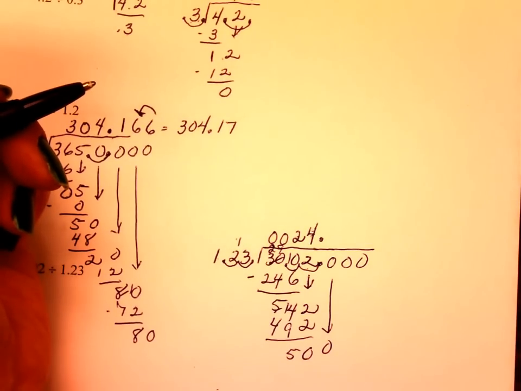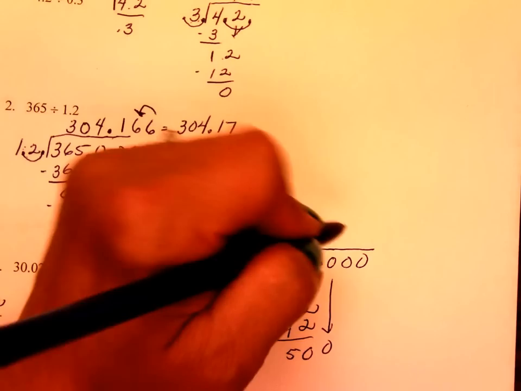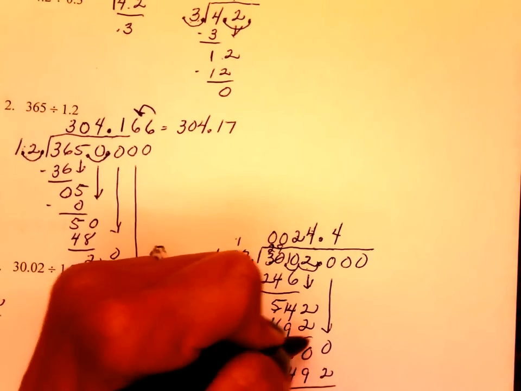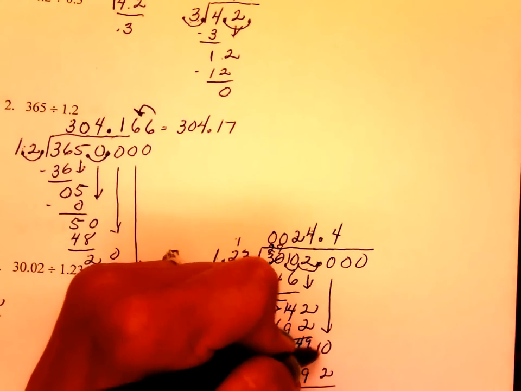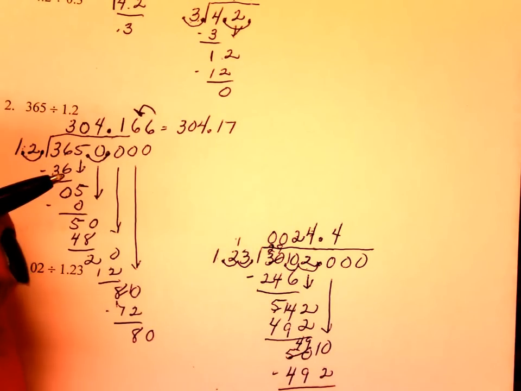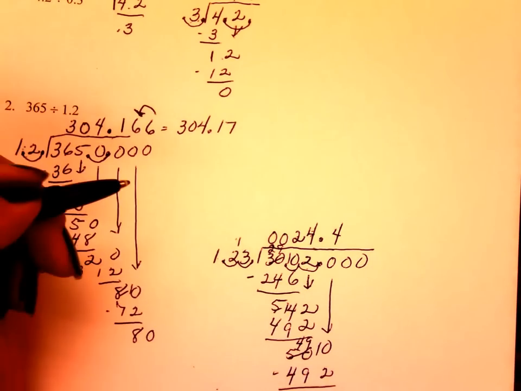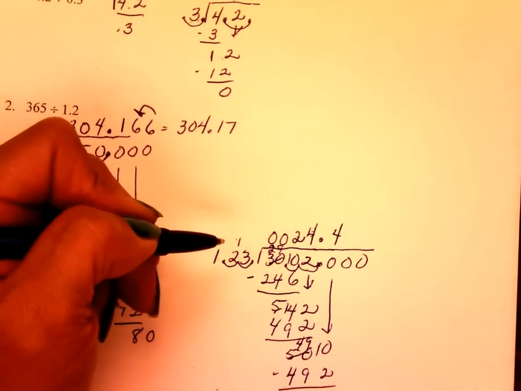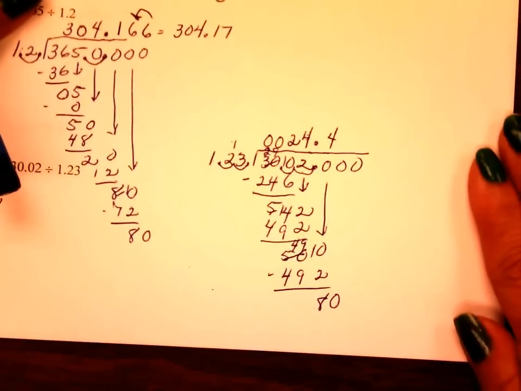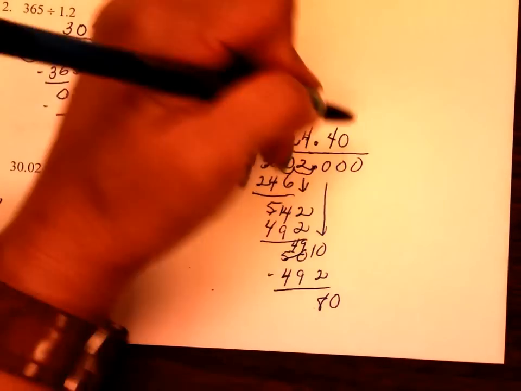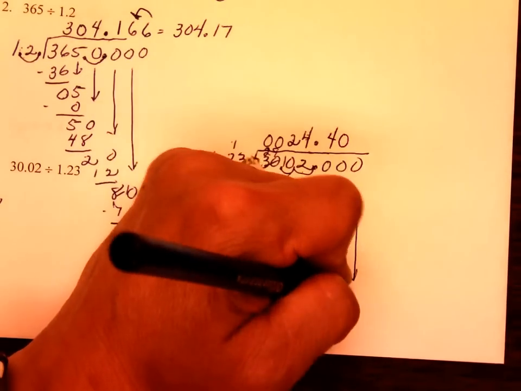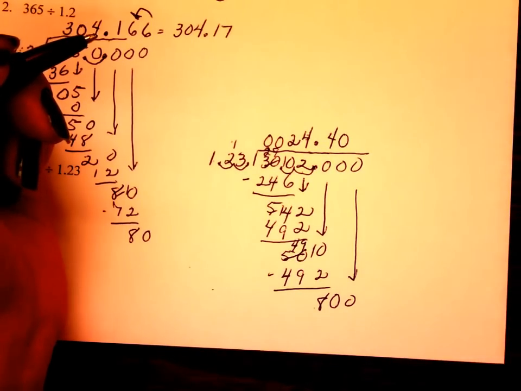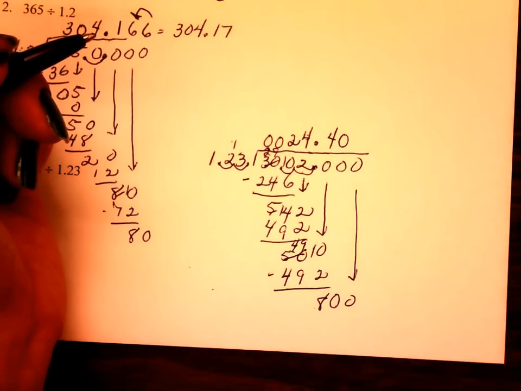123 goes into 500, say 4 times again. We know it's 492. Subtract, and you get 8. Bring down the next 0. 123 goes into 80. It does not, so put a 0. Now you can bring down the last 0. 123 goes into 800. Let's see, 7.